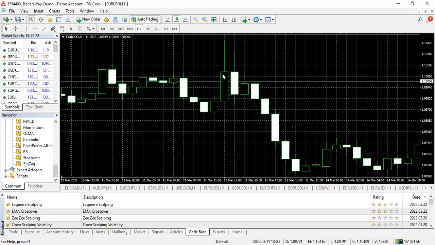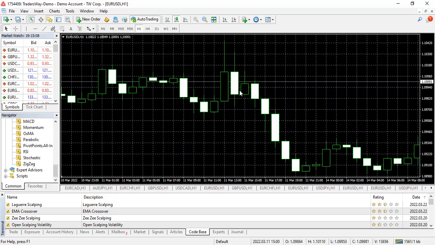It goes up, comes down, then closes here. At the point where this one closes, the next will open. So here is the open and here is the close. As for this bullish candlestick, here is the open and here is the close.